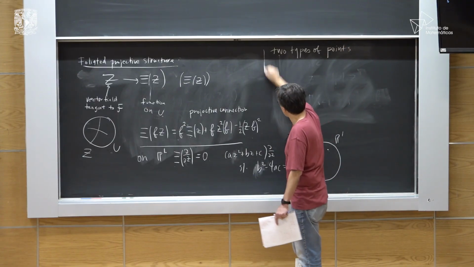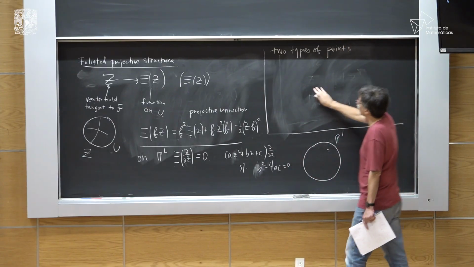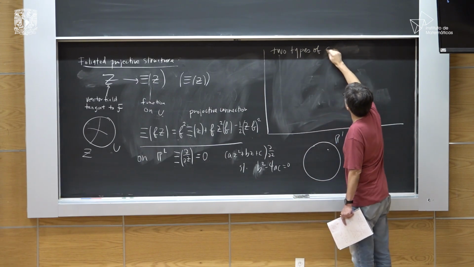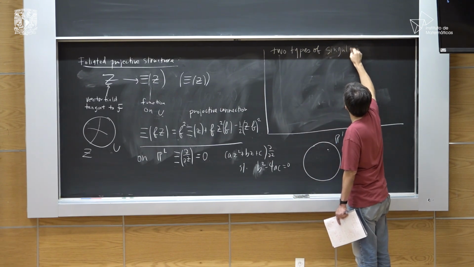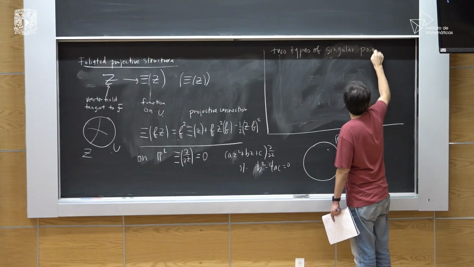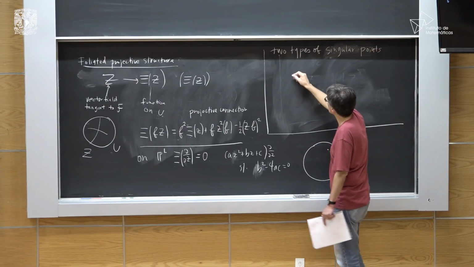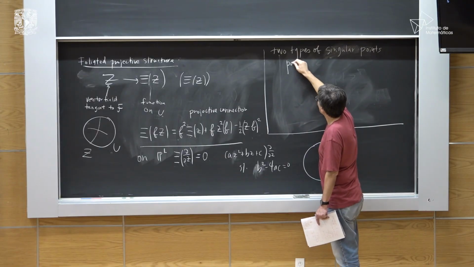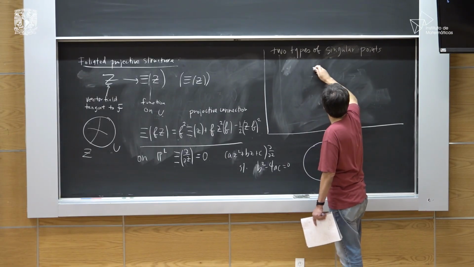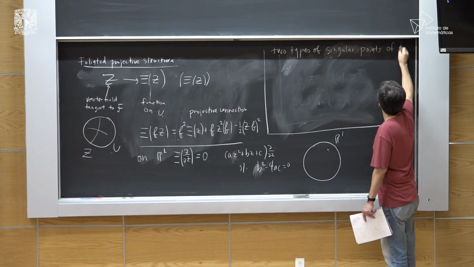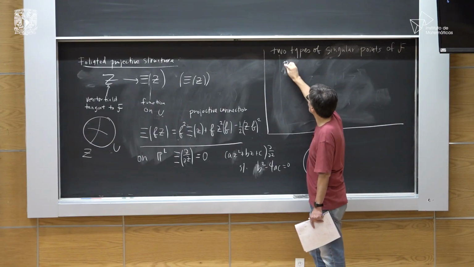Okay, so a foliated projective structure will separate the singularities of the foliation in two types. One of them I will call parabolic.